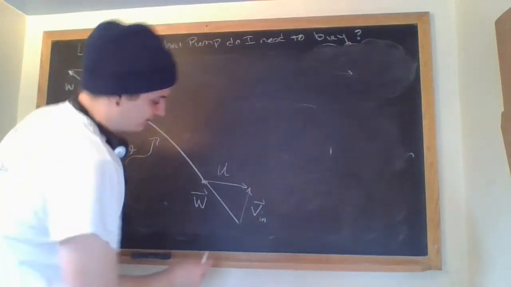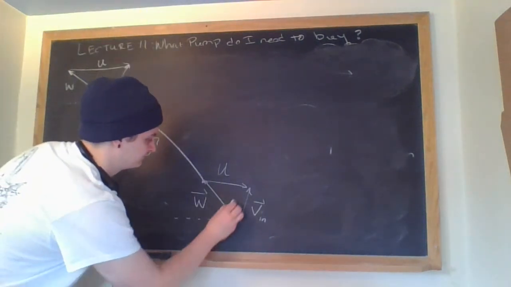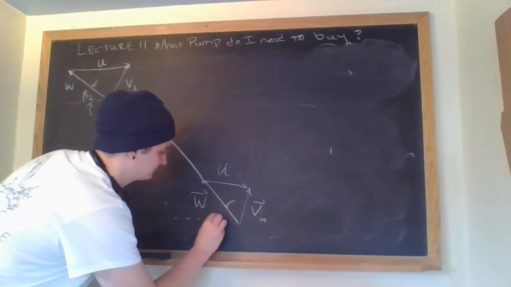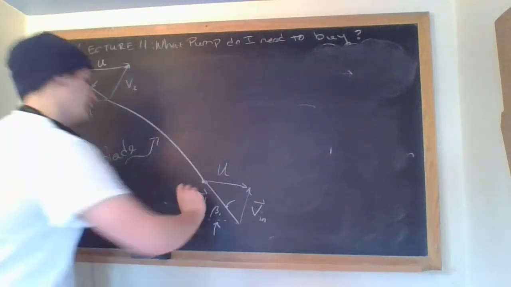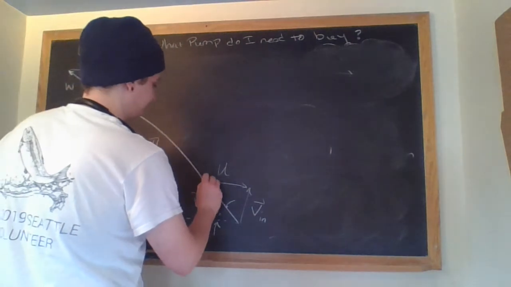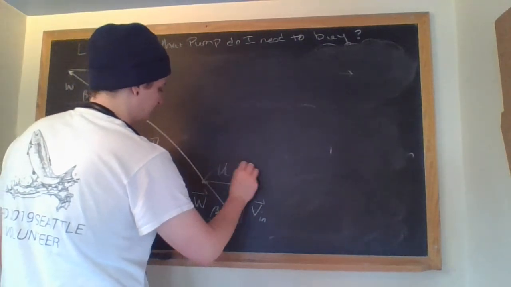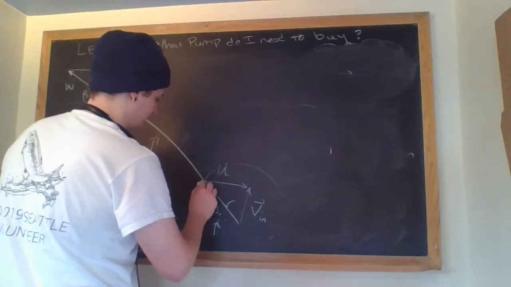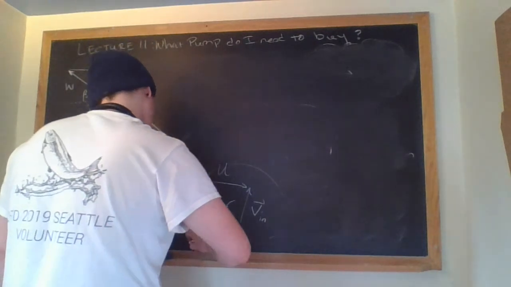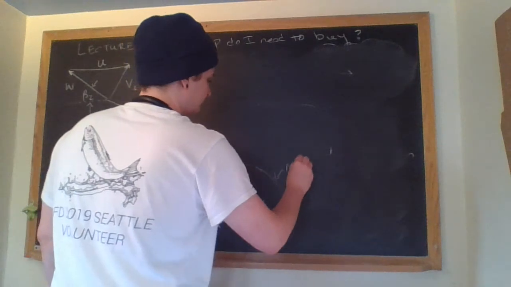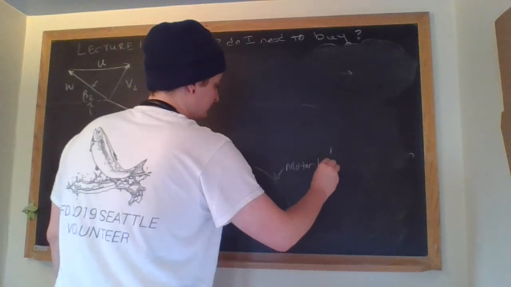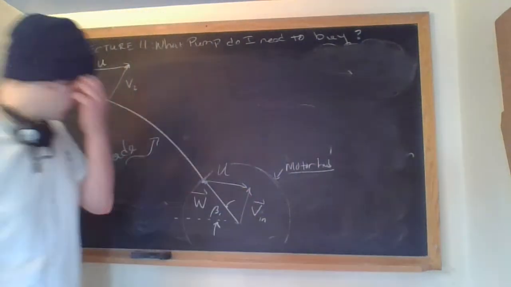And then right here, it's beta 1. It's an angle for the interior. Think about there's going to be some sort of hub right there. So that's how I'm drawing this.